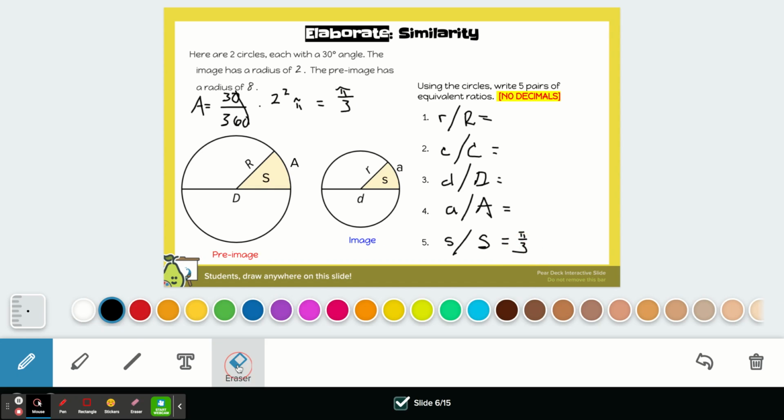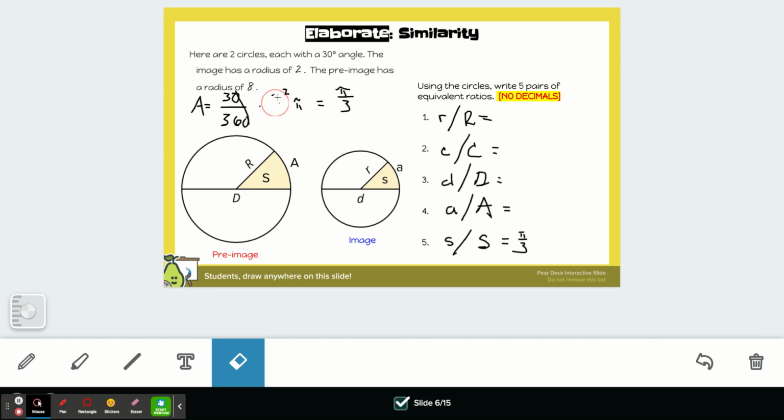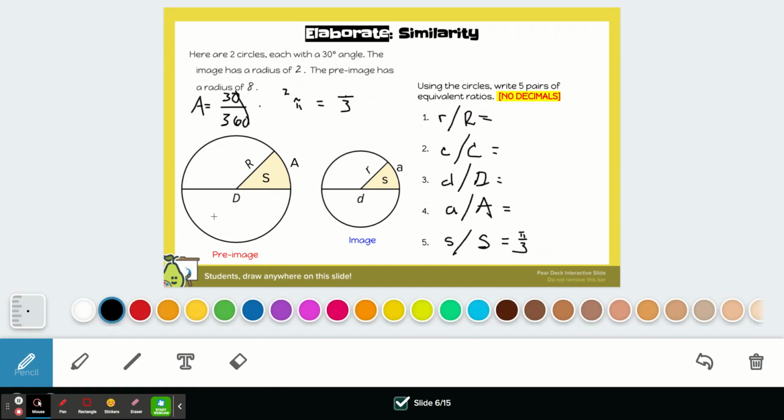Now, the only thing that changes here to find the other one is my radius, right? So my radius for this one will end up being 8 squared, right? Which will give me 64. Well, 64 times 3 is a rather large number. And that rather large number is going to end up giving me a fraction of 4 over 3.